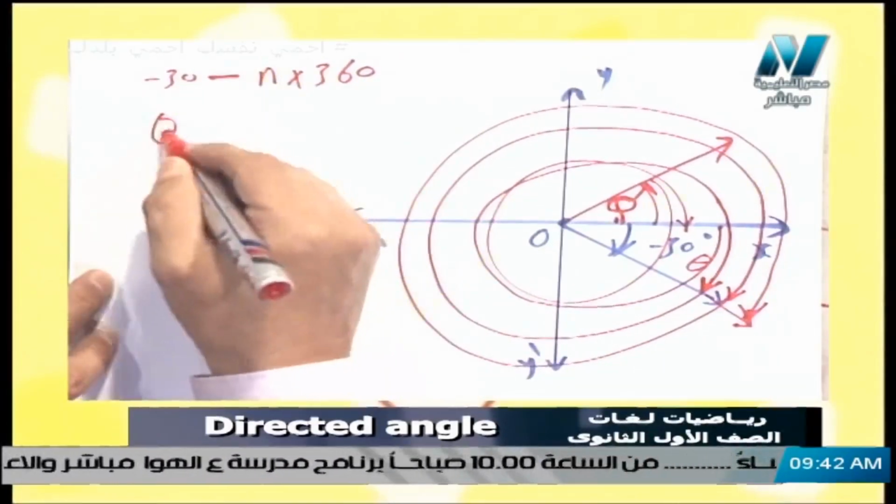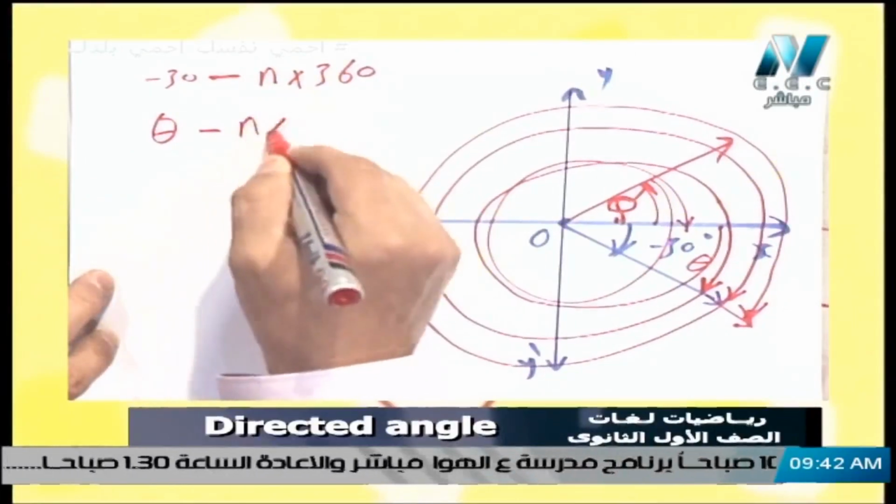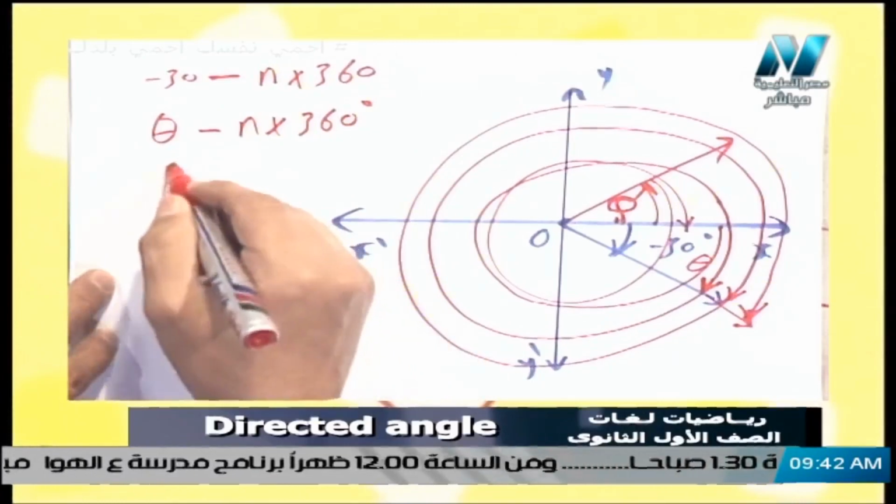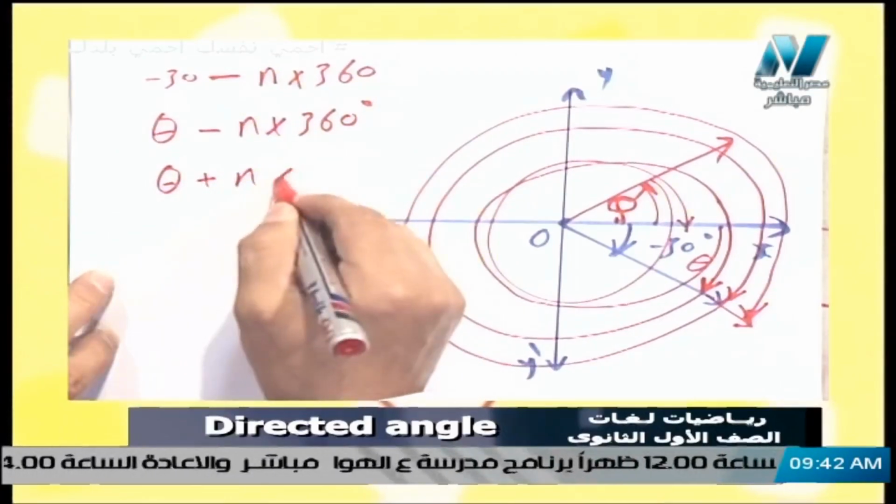So we can say theta minus n multiplied by 360 degrees, or as we said before, theta plus n multiplied by 360.